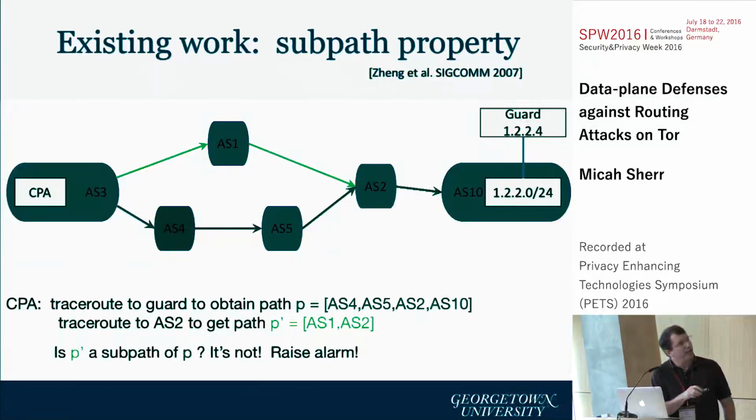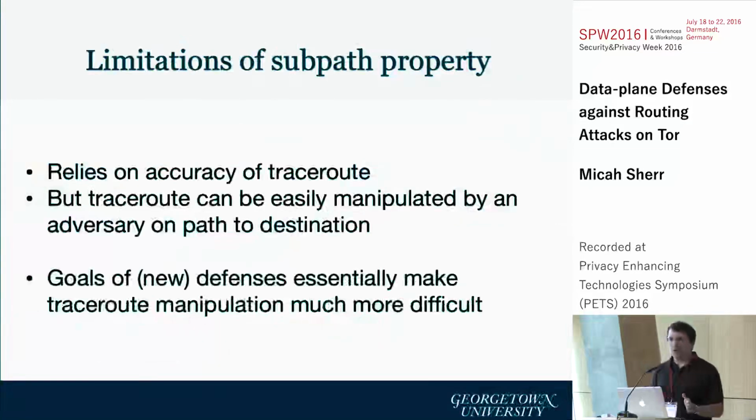So by taking parts of the returned AS path and doing trace routes to those, you can discover discrepancies. This works fine as long as the adversary doesn't know you're doing this. Trace routes can be forged, and this falls apart and offers no security in the face of an informed attacker.